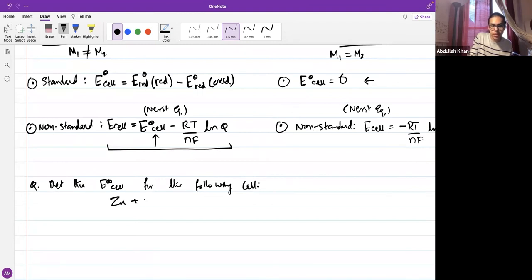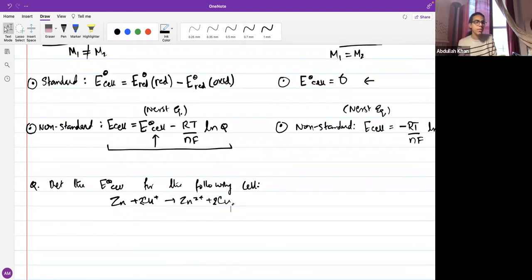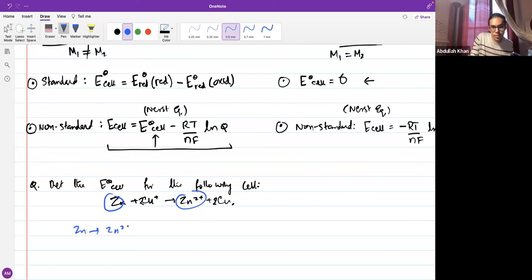Zn plus 2Cu plus becomes Zn2 plus plus Cu. Here's a cell. Let's very quickly grab the two halves. So Zn becomes Zn2 plus, and 2Cu plus becomes 2Cu. And just take out the coefficients, because we don't care about the coefficients. Cu plus becomes Cu.